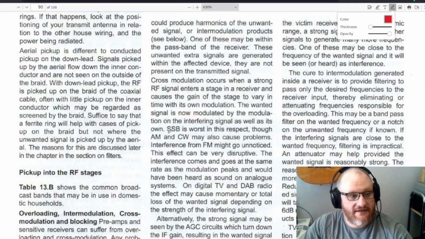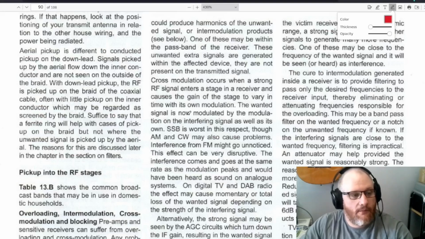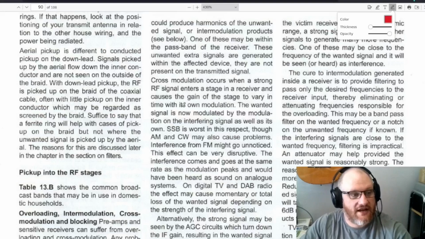What you end up with is this cross-modulation effect, where the signal that you're trying to listen to is being modulated. Its amplitude is being changed by that unwanted signal. So you get the wanted signal becoming quite fluttery and varying in gain, because the unwanted signal is basically changing the volume level of the wanted signal.